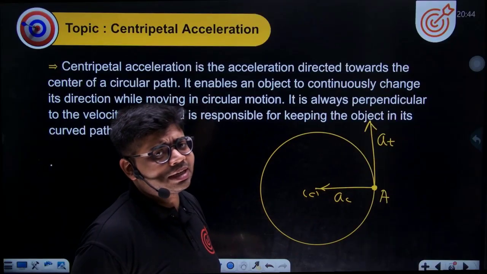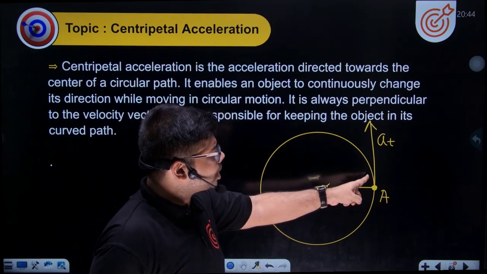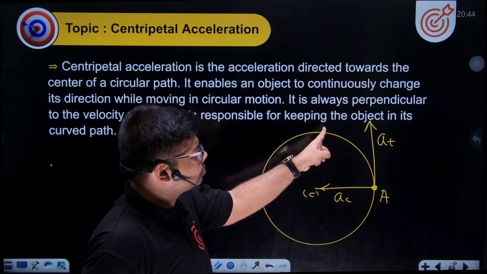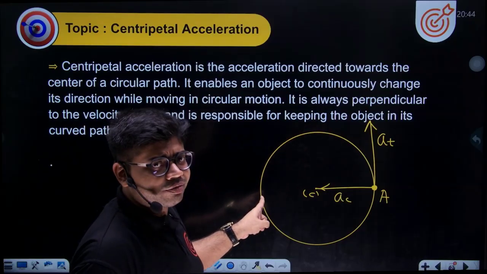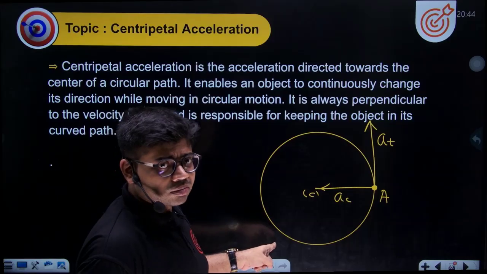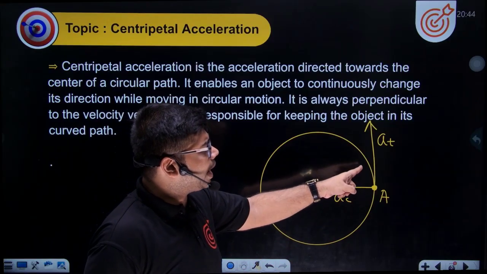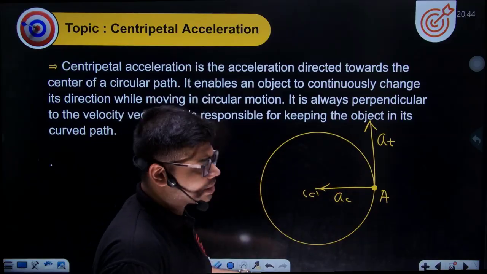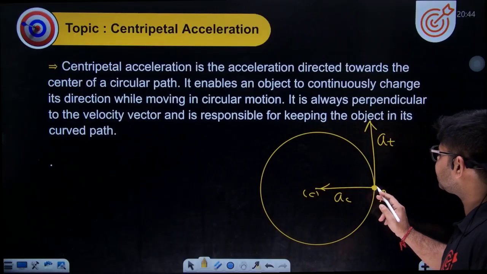What is the work of centripetal acceleration? At each and every point, it is just changing the direction of the velocity. Look, at point t equal to 0, what was the direction of the motion?